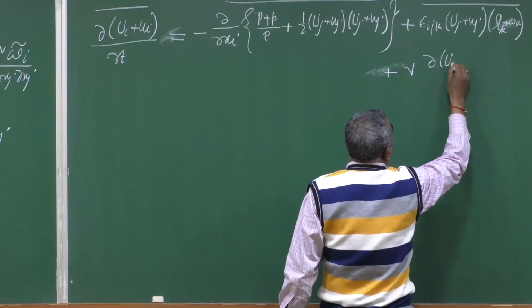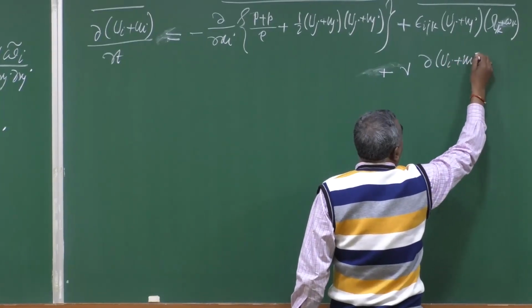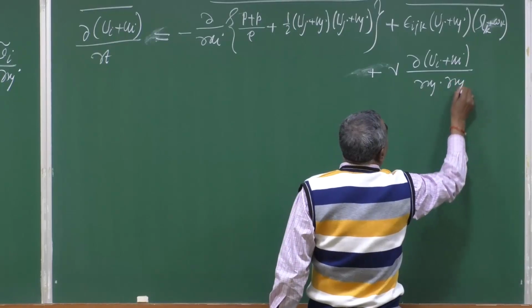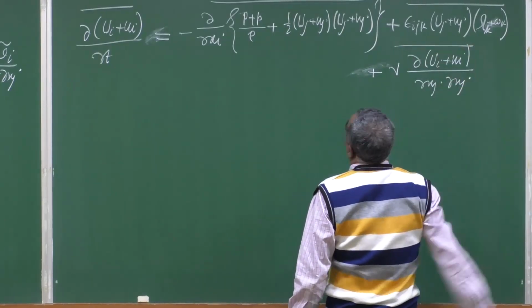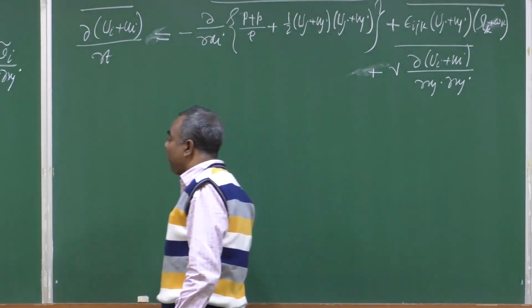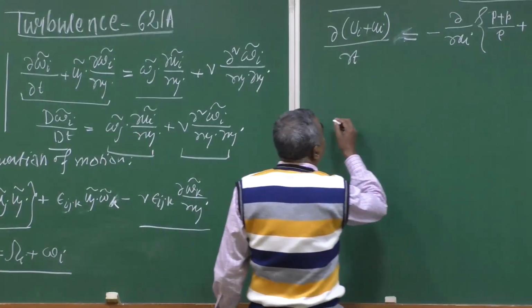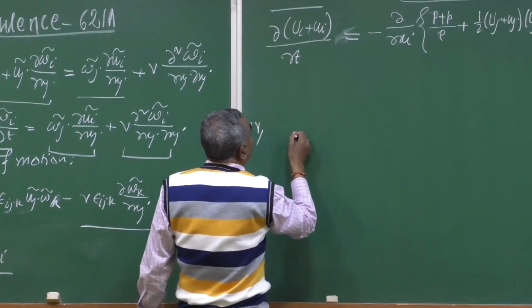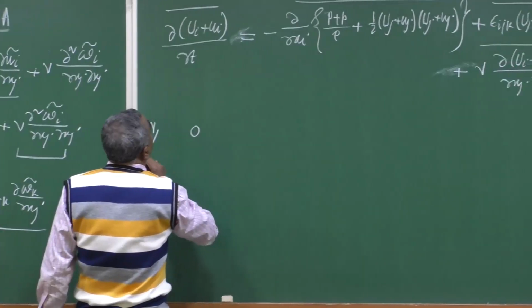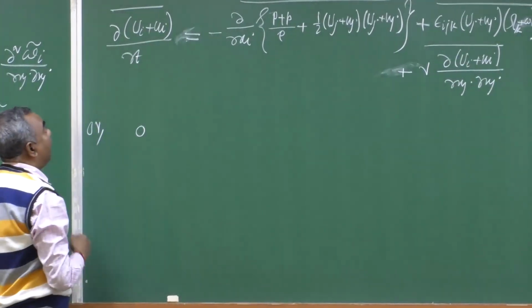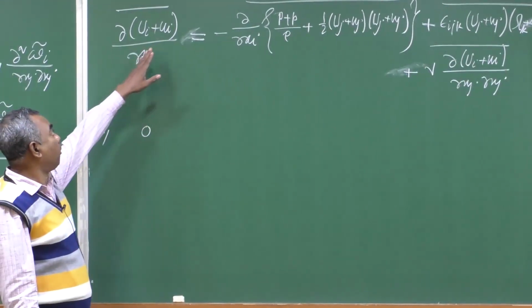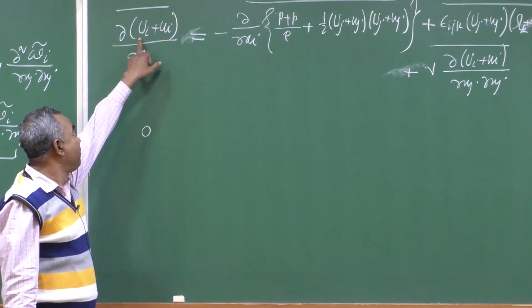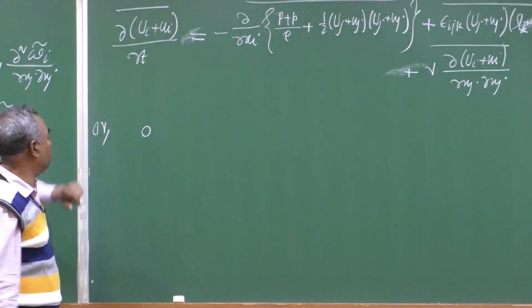So, this is going to be our (U_i plus small u_i) del squared by del x_j. Okay. If we simplify this equation, then this particular term is of course 0, because capital U_i is not a function of time, and small u_i bar is equal to 0.